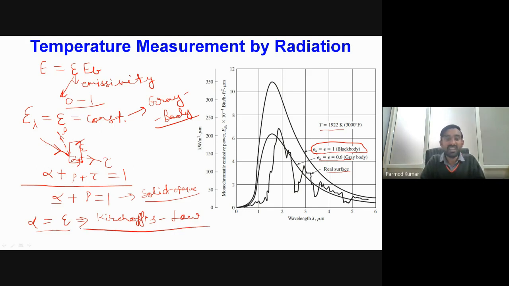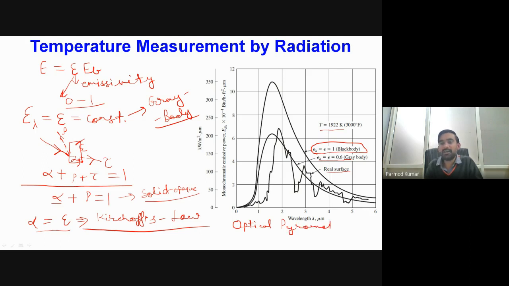Now this is the whole idea, the very fundamental terms associated with the measurement of temperature when we employ the principle of radiation. There can be two ways of measurement. The very first way of temperature measurement using the principle of radiation is known as optical pyrometry.